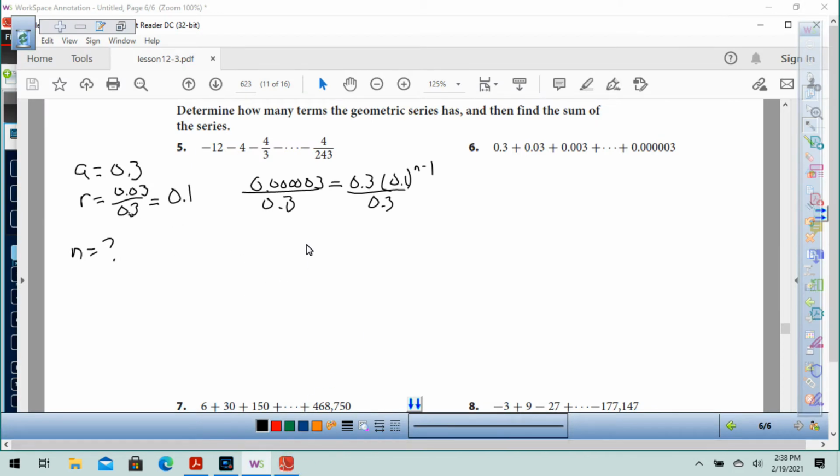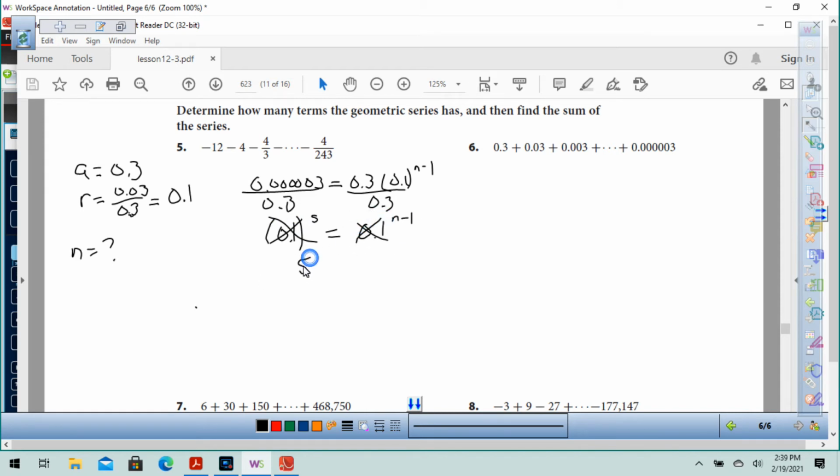So this is going to give us 0.1, and these always mess me up, okay? I got to be careful because it gave me 1 over 10 to the negative fifth. And so I got to change that over, and that's going to make this 5 equals 0.1 and then n minus 1. Okay. Same base.